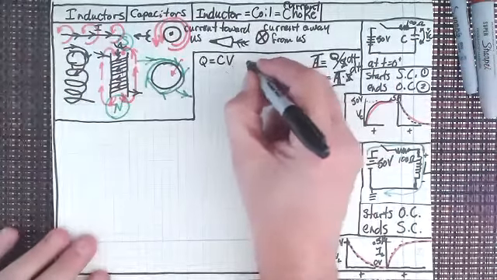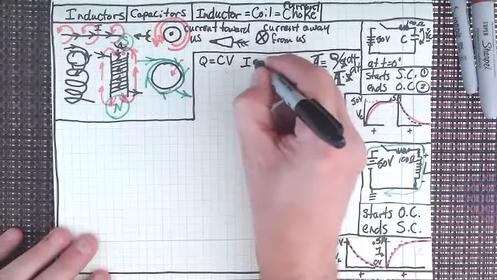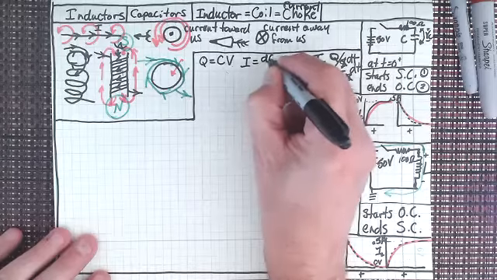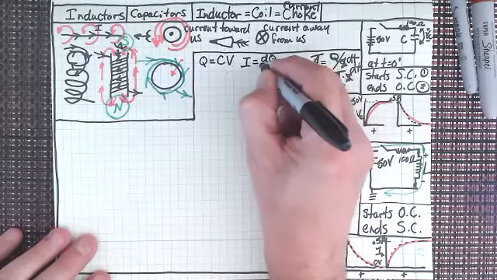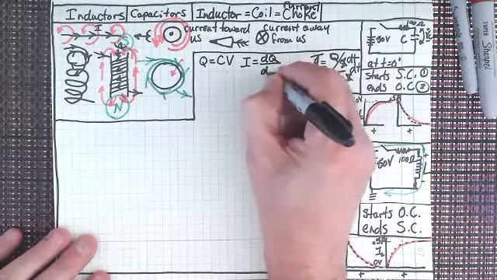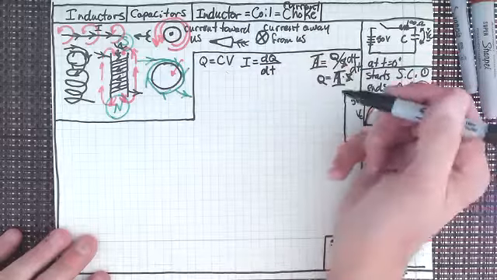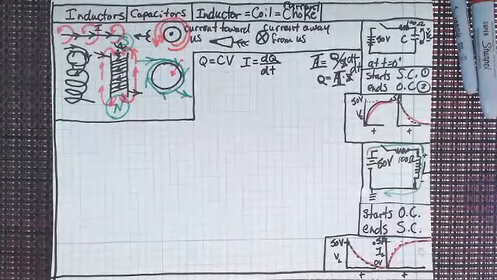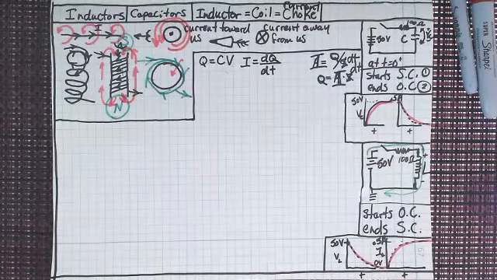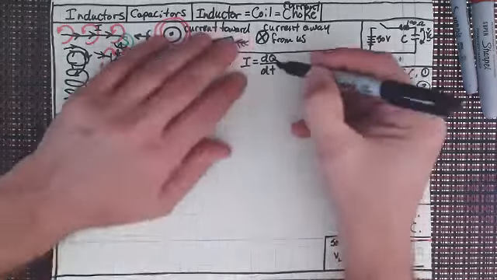You know what? I bet that I equals the change in charge over the change in time. I equals dq/dt. Isn't that right?